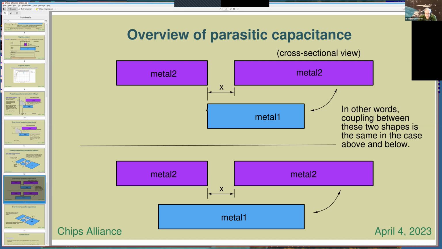After that, you get essentially zero contribution from the fringe capacitance, so that above the midline here, the total capacitance from metal 2 to metal 1 is the same here as it is here when you extend metal 1, no matter how far off you extend the metal.